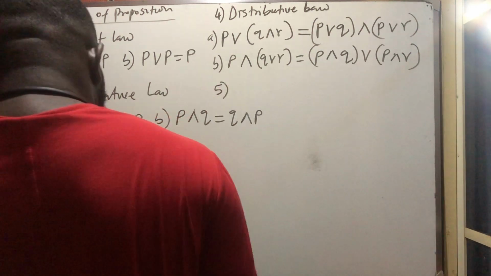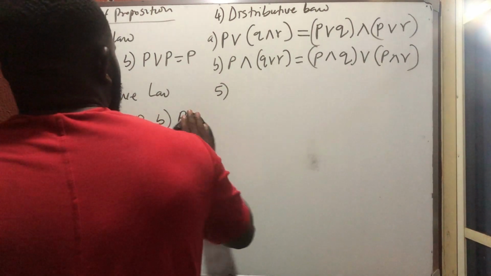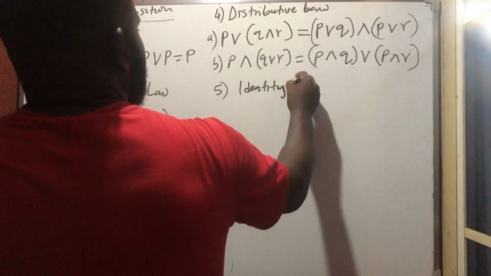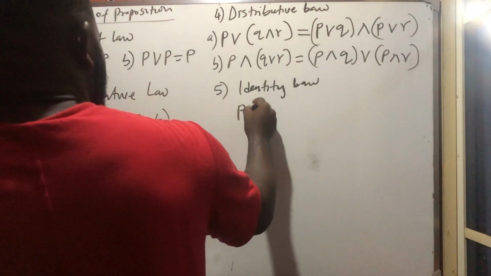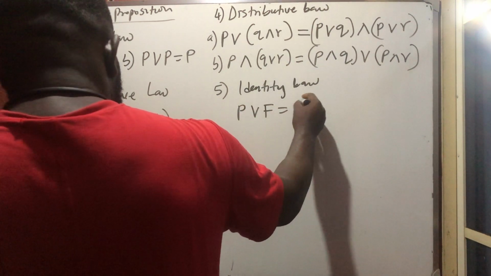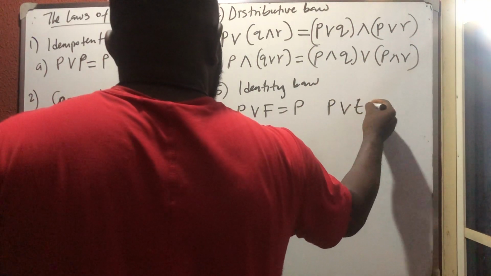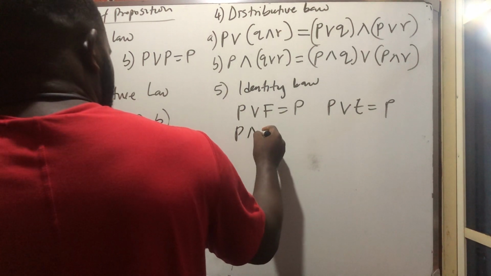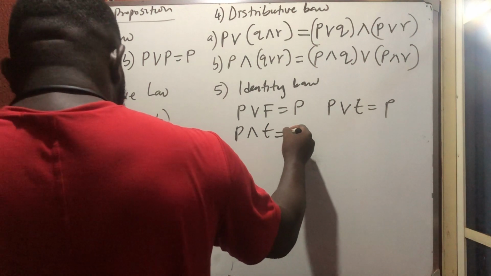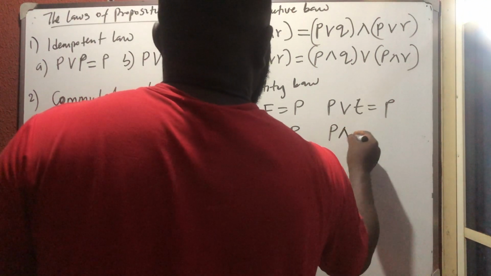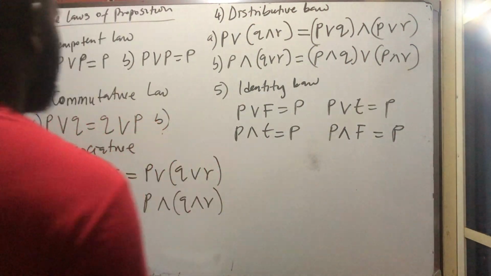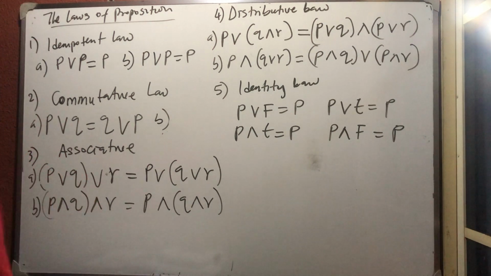Number 5, identity law. Identity law says P or false is the same thing as P, and P and truth is the same thing as P. Identity means you get yourself back.